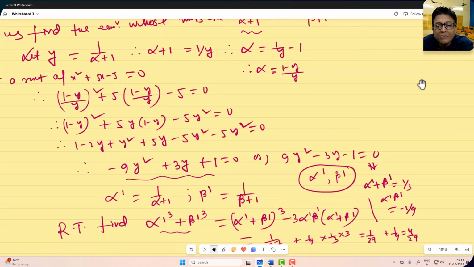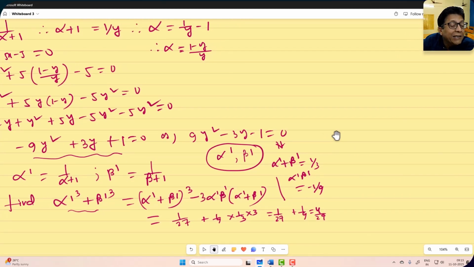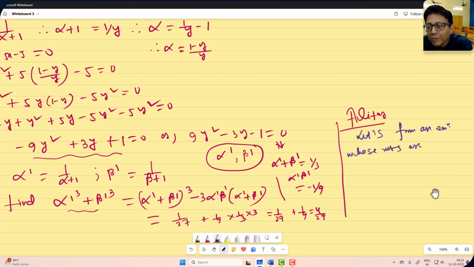Now at this stage, you try to understand that this equation again can be transformed to get alpha dash cube plus beta dash cube easily. Okay, how? Let us form an equation. I am showing you an alternative method. Let us form an equation whose roots are alpha dash cube and beta dash cube.